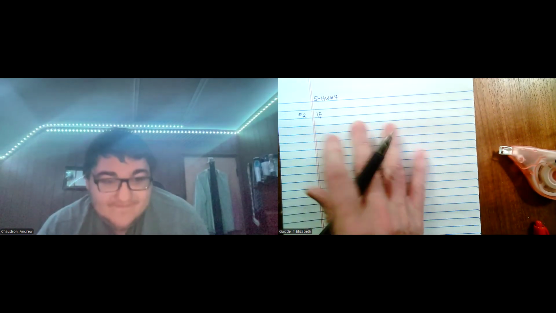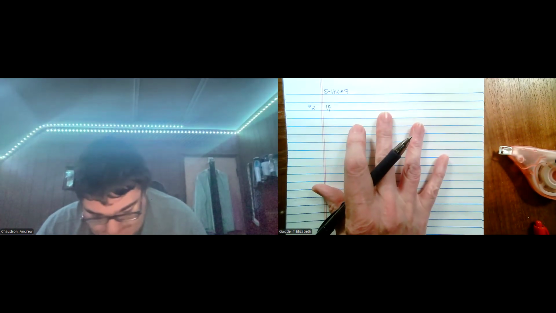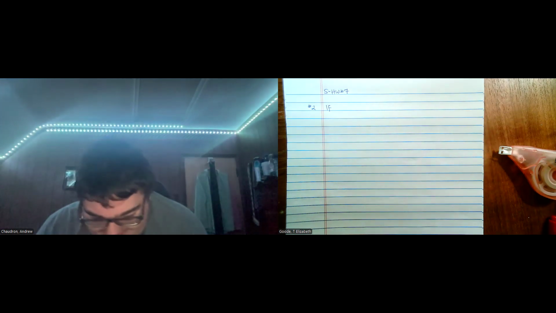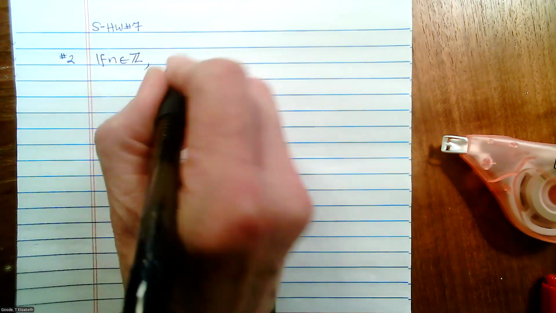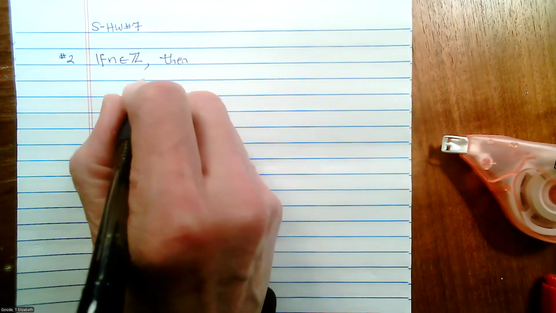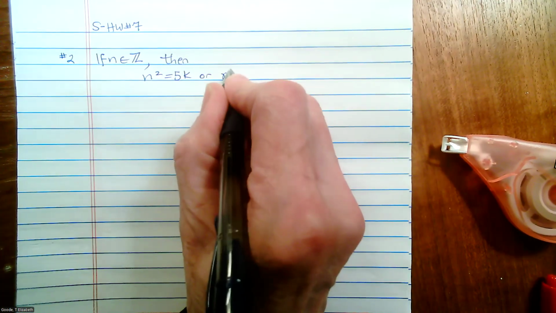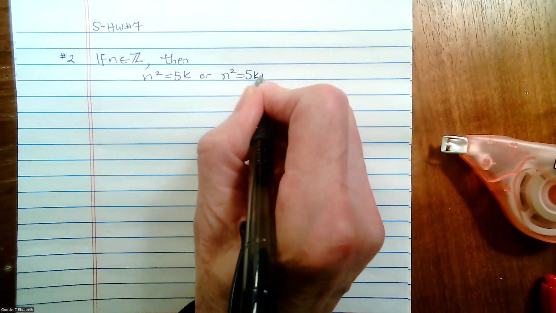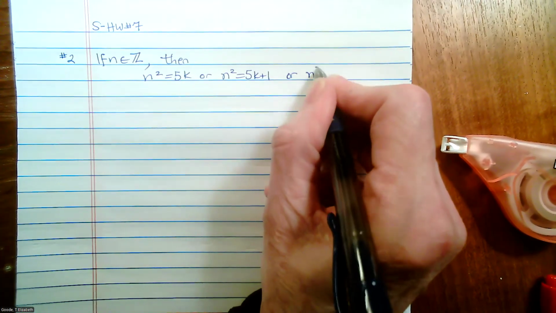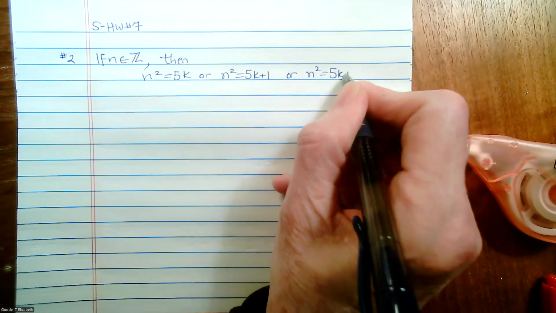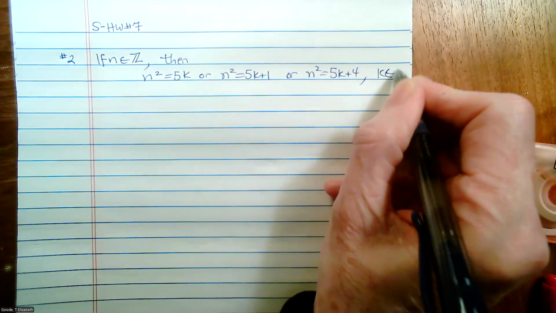Did we call it N or X? For number two, n is in the integers, so n is in Z. Then either n squared equals 5k, or n squared equals 5k plus 1, or n squared equals 5k plus 4, for k some integer.